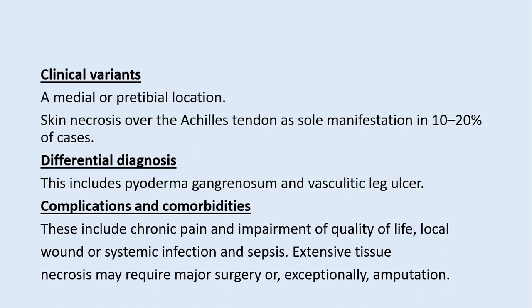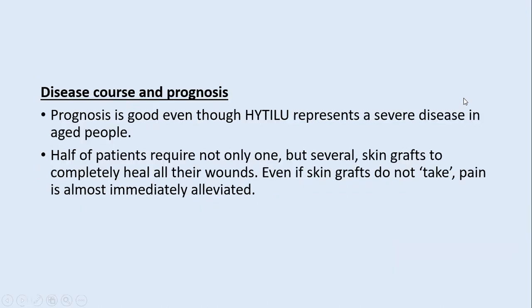The differential diagnoses are pyoderma gangrenosum and vasculitic leg ulcers. Complications include chronic pain, impaired quality of life, local wound or systemic infection and sepsis, and extensive tissue necrosis that requires major surgery or, exceptionally, amputation. Disease course and prognosis.